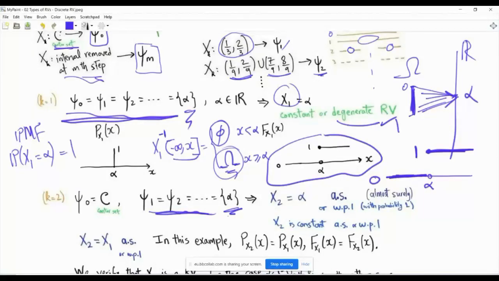Any element on the closed interval [0, 1] that is not part of the Cantor set, so those are basically the numbers on the open intervals that are removed during the construction of the Cantor set, will be mapped to the real number alpha. So all those will be mapped to alpha.